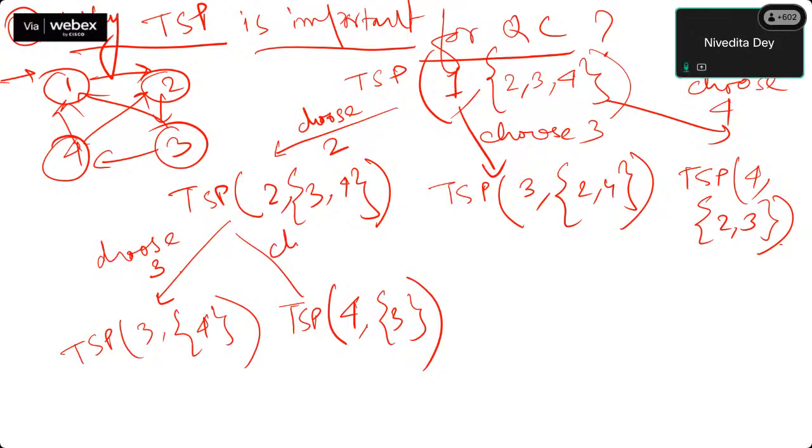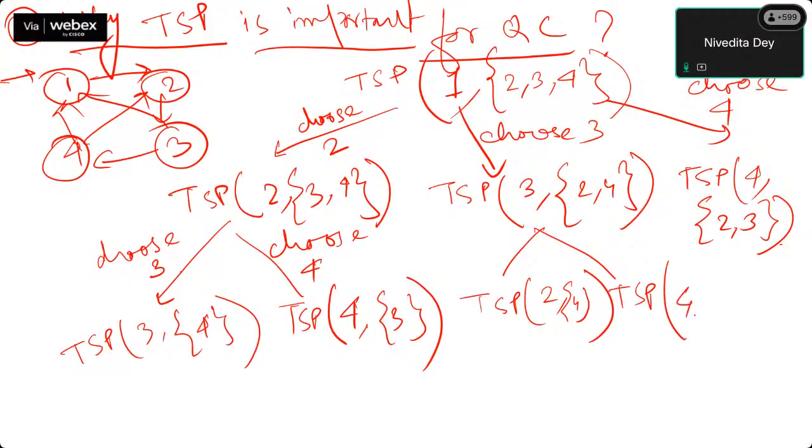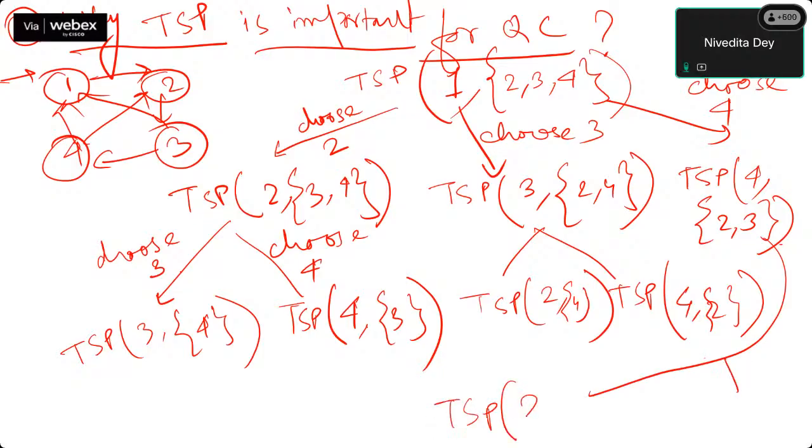Similarly, when 4 is chosen, it is TSP 2 comma 4, then TSP 4 comma 2. And this one can be TSP 2 comma 3.